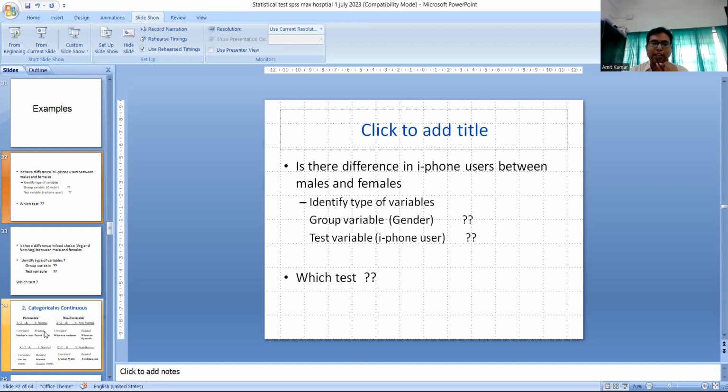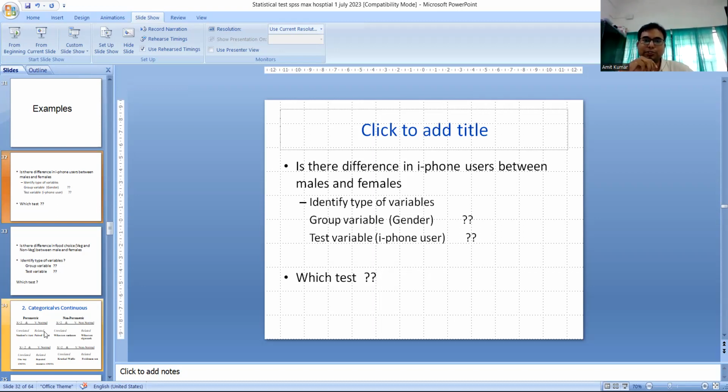Which test will we apply in this case? Chi-square test. Everyone agrees with the chi-square test? Yes, sir.